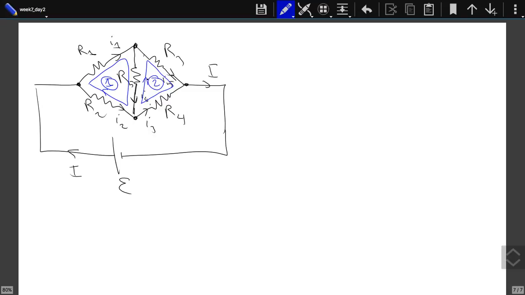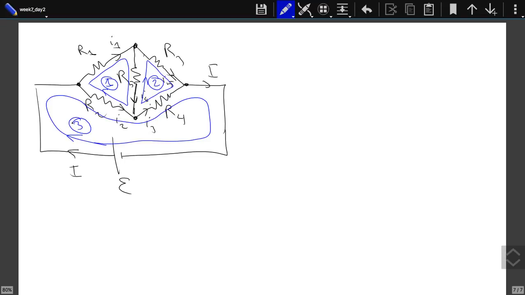This is 2. And then I will choose this one as my third loop. You are free to choose whichever one you like. Why did I choose those? Well, because they are easy to draw. They will not be crossing each other. There is no other motivation. Just choose whichever 3 you like.